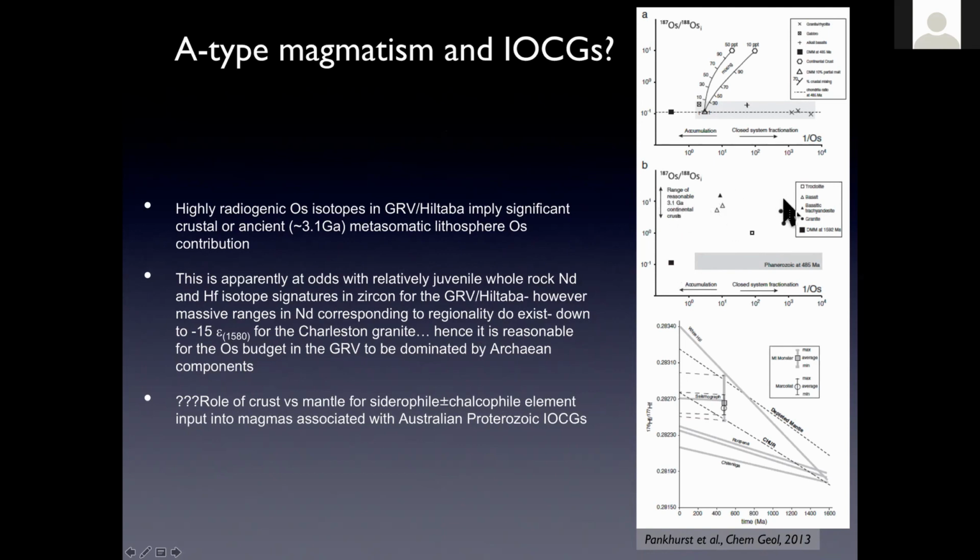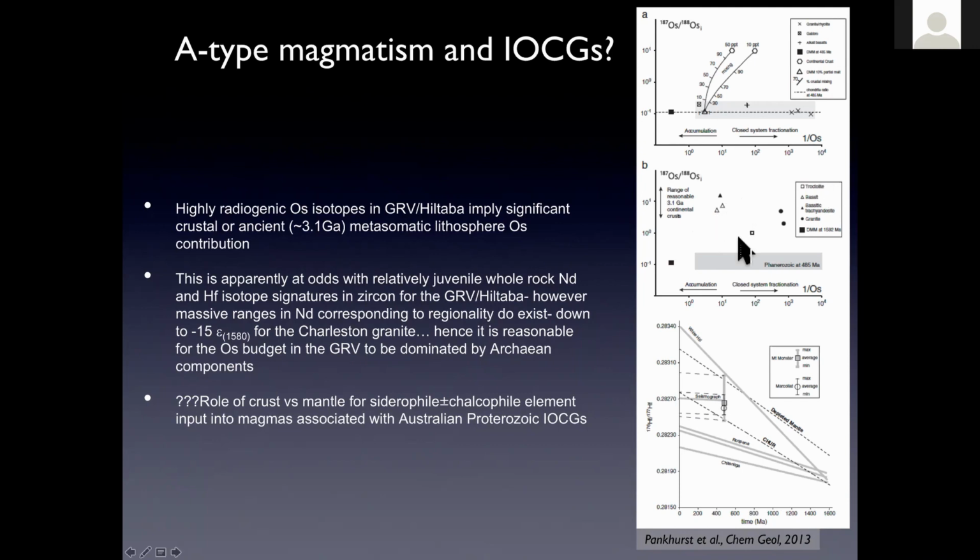Instead, these look more like the osmium budget within them is coming out of the continental crust of some sort. Of course, the Gawler Craton has a 3.1 gigayear nucleus available to contaminate these things. Now, remember, these things have virtually no osmium in them anyway, so you would not need to contaminate them with very much crust to bring you up to these osmium isotopic signatures, because all of the osmium in them would be coming out of the crust.